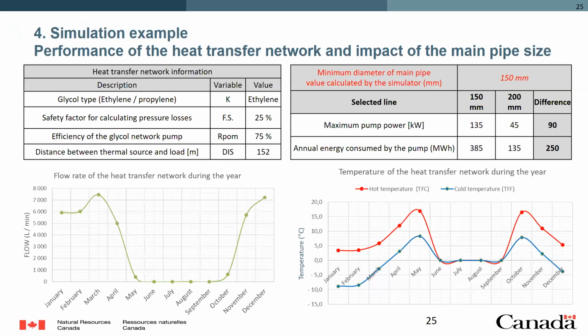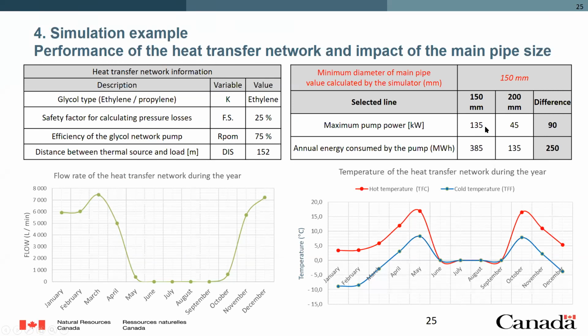Okay, now in terms of the heat transfer network performance and the size of the pipe needed, the system with the following inputs calculates the flow rate of the system and also estimates the power of the pump required to move this flow rate through the year.